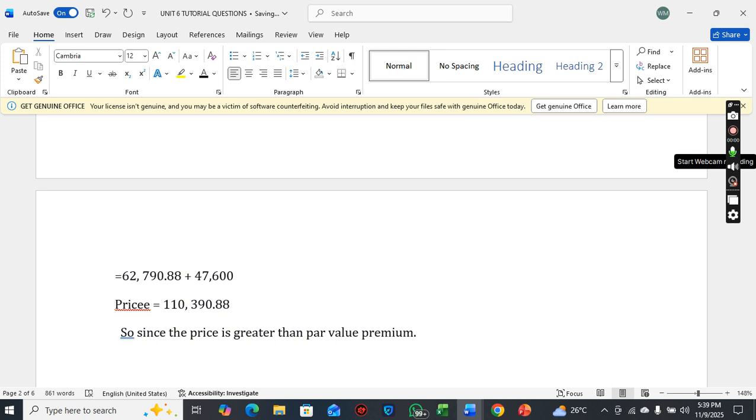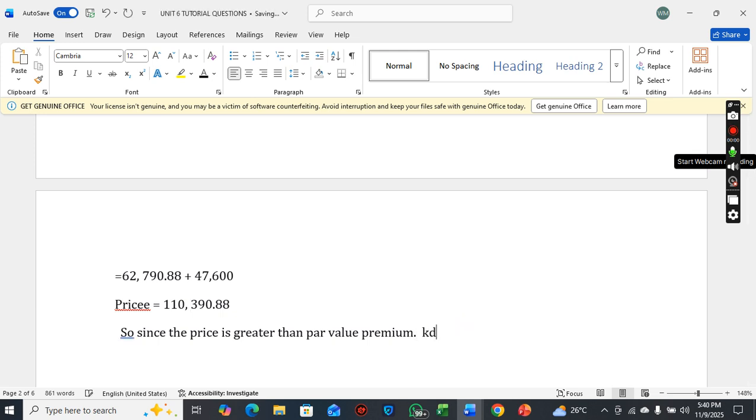The bond is selling at a premium, meaning you're paying more than what you get when the bond matures. You're paying 110,000 for this bond. Then when it matures, you're getting 100,000. So the bond is trading at a premium.